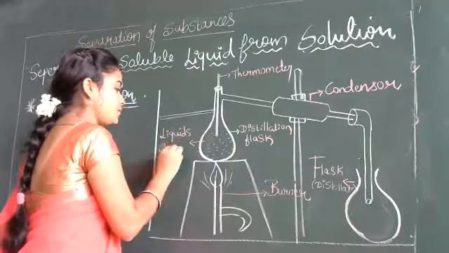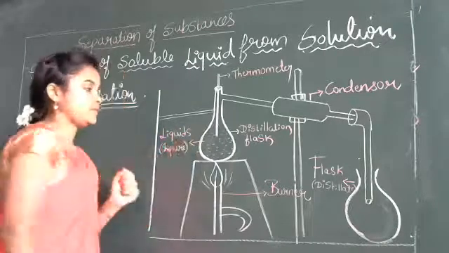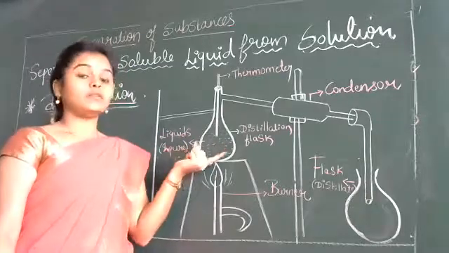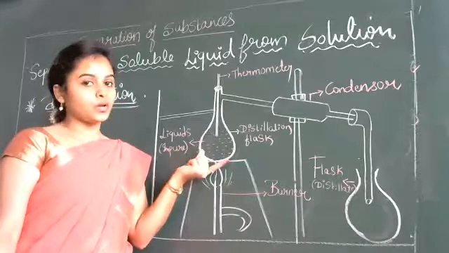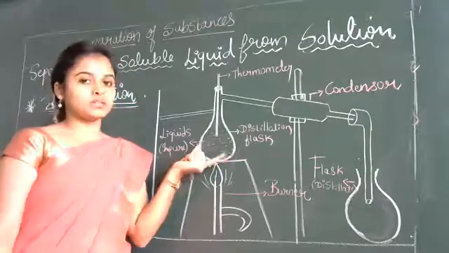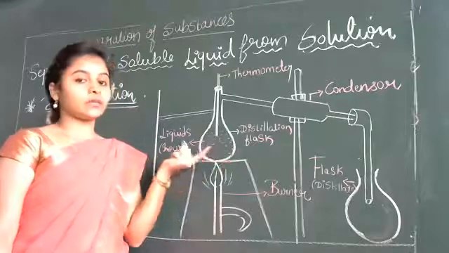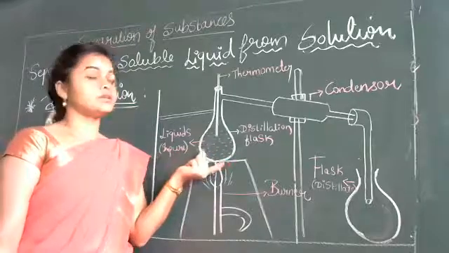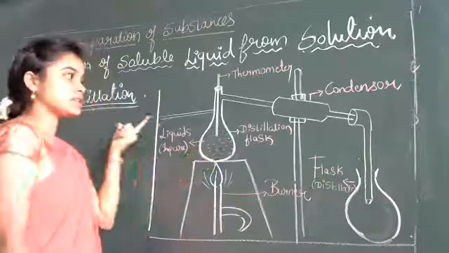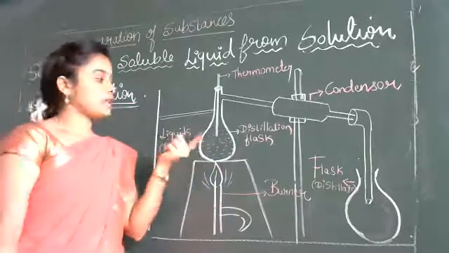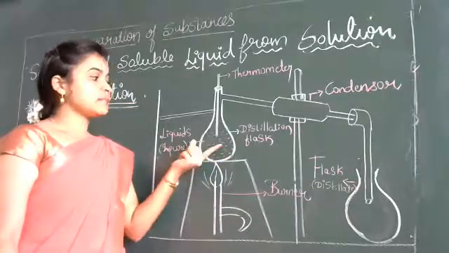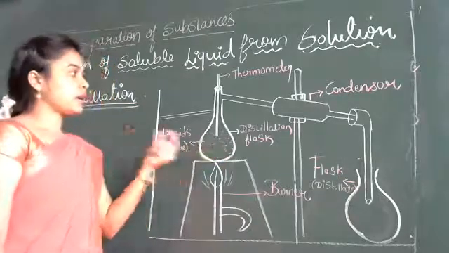We can say it is an impure liquid. Now we want pure liquid. You cannot use this impure liquid. So in order to get pure liquid, we use this distillation process. It is a mixture of two liquids.